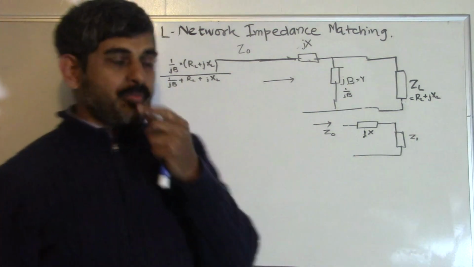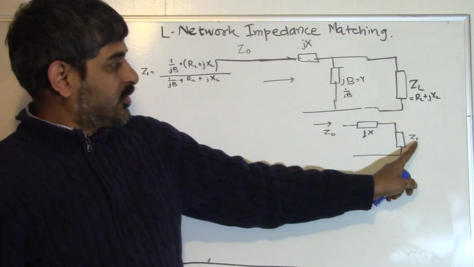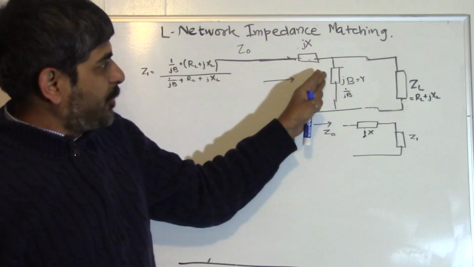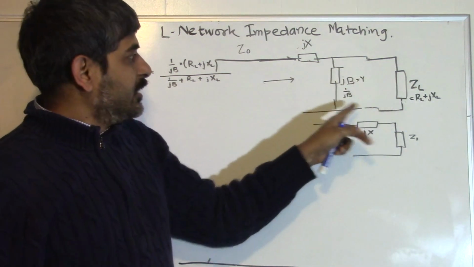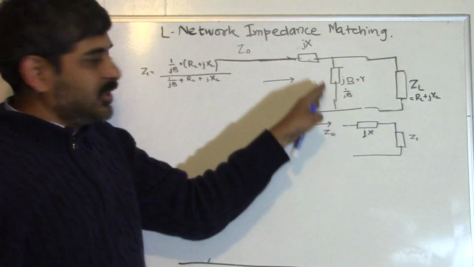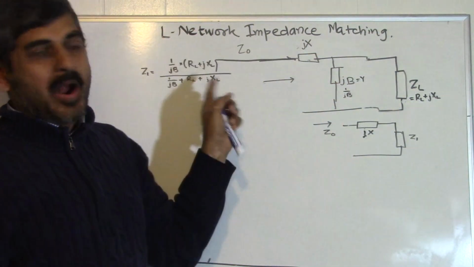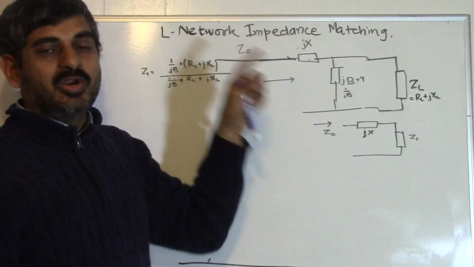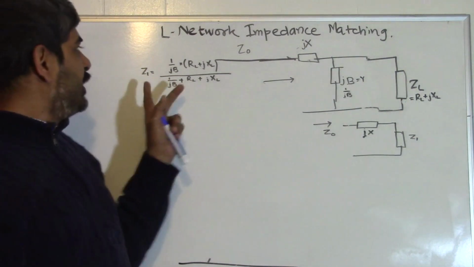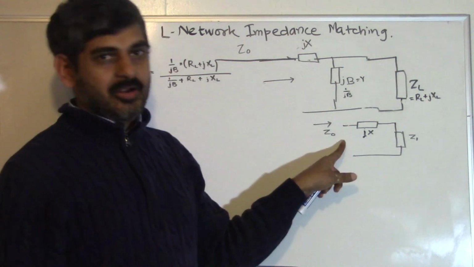But the second most important thing is that the resistive part of Z1 should be equal to Z0, because here is where we can determine the net resistive part. Once we have found this equivalent impedance, we have no control over the resistive part, because jX is going to change only the reactive part. So the condition is that the real part of Z1 must be equal to Z0.